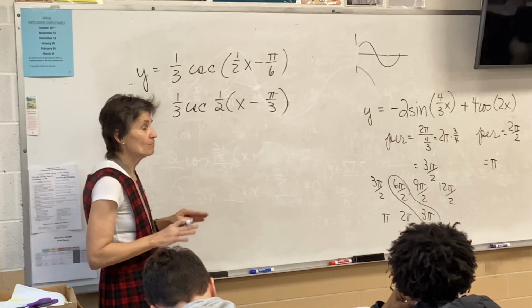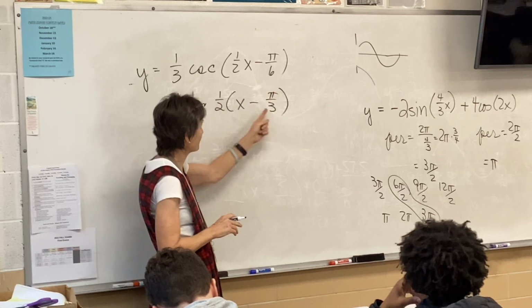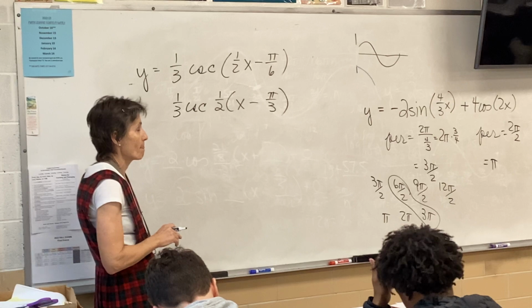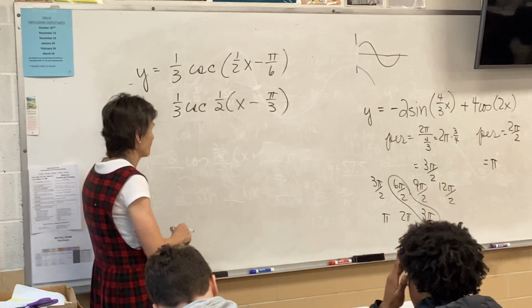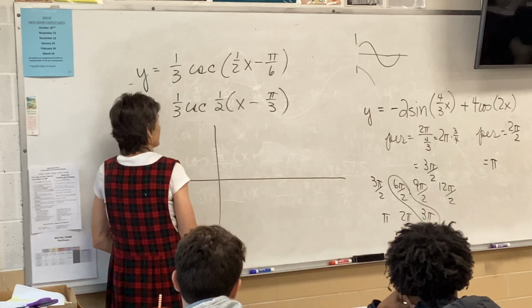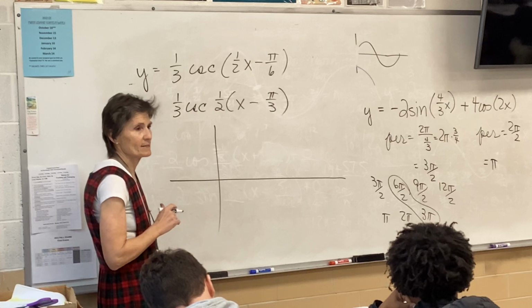And if all that went too fast for you, 1/2 times that has to give you that. Does 1/2 times the third give you 6? Yeah, I'm all good. Now it's ready to graph. Okay. It's a cosecant. You will develop your own style, but I always graph a sine first.